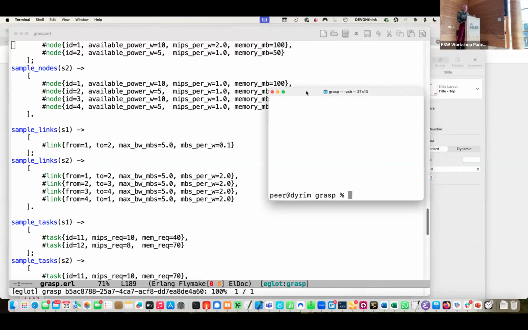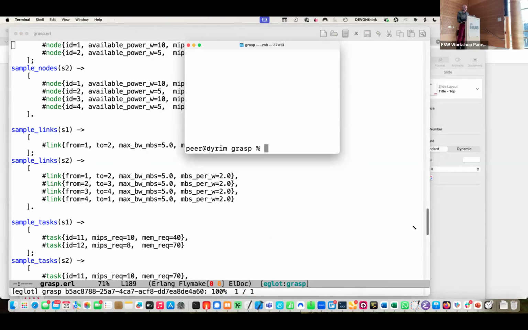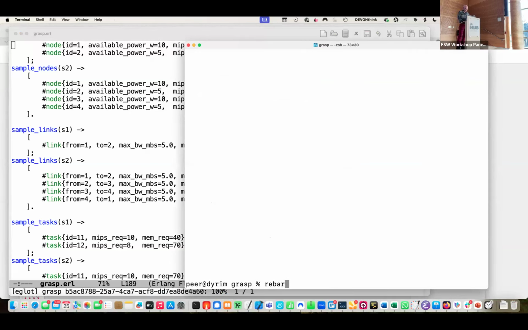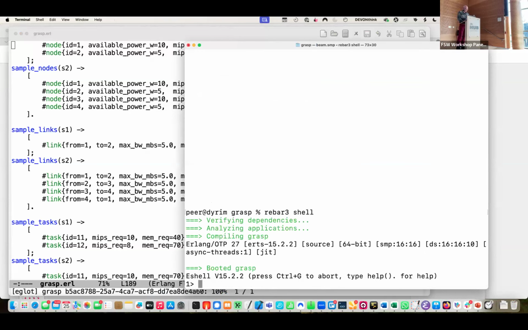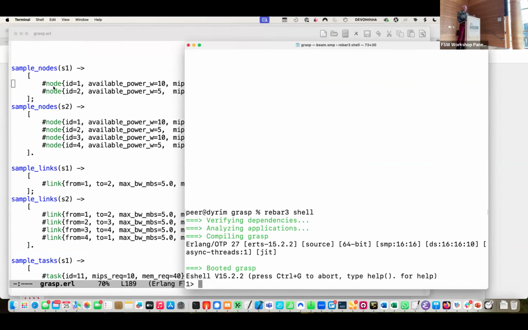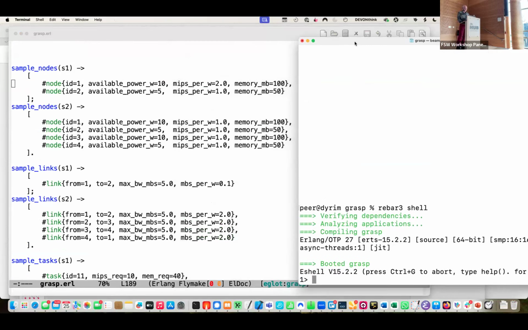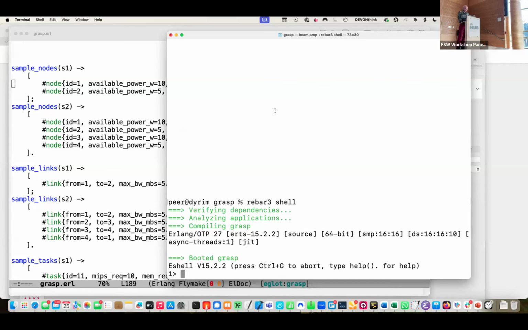So let's make this big. I'm building that little project, and there's two different samples. One has only 2 compute nodes and 2 processes. That's S1 here, with all the values set. So we try that first. S1.